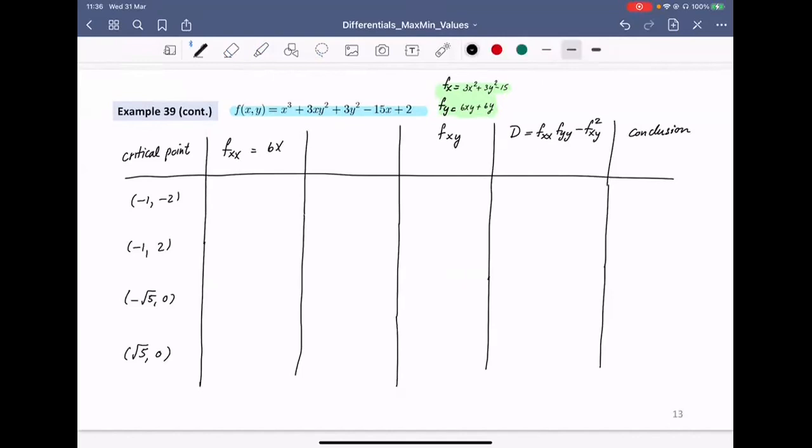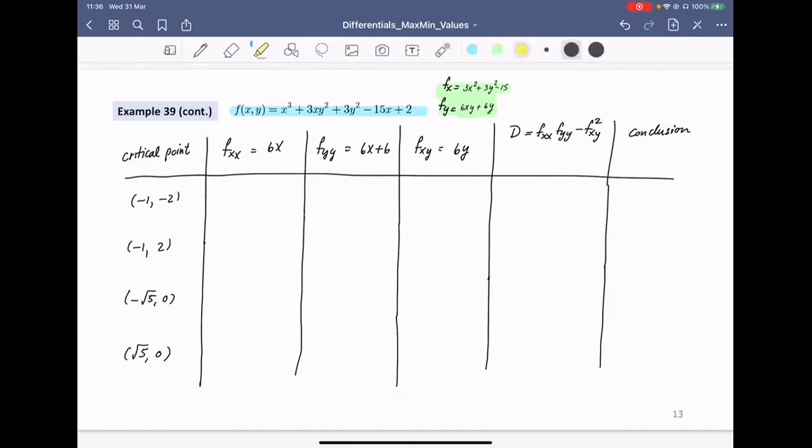And then fyy is the one that you differentiate with respect to y one more time, so you get 6x plus 6. You just differentiate fy with respect to y one more time. And then fxy is the one where, after you get f subscript x, you differentiate with respect to y one more time, you get 6y. All right, so we're going to compute that.